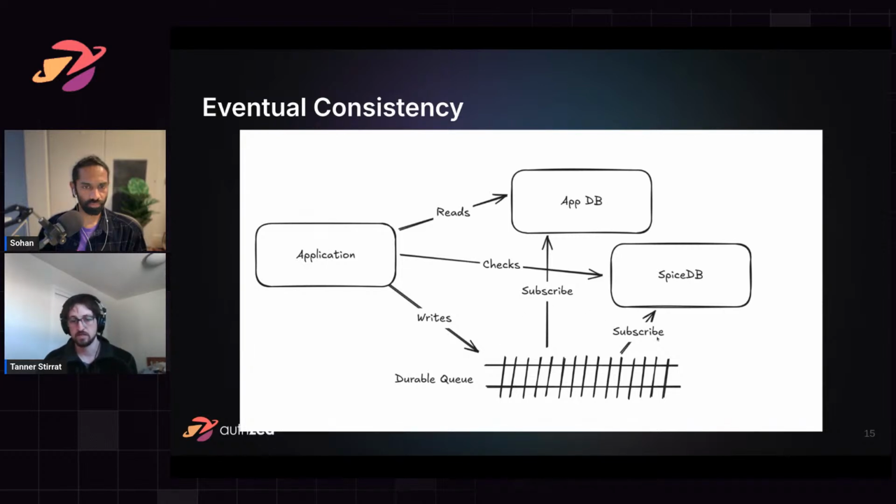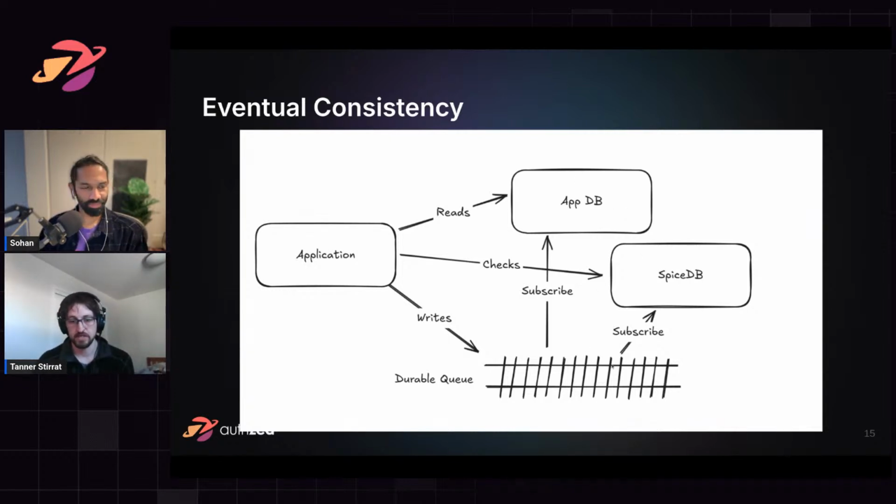Then there are listeners on that queue that take the event and write it into their database according to the needs of that particular database. So one listener is going to write a relation between the folder and the file, and the other one is just going to take the information about the file and store it in the application database. Everyone with me so far? Yeah, I think so. Okay.